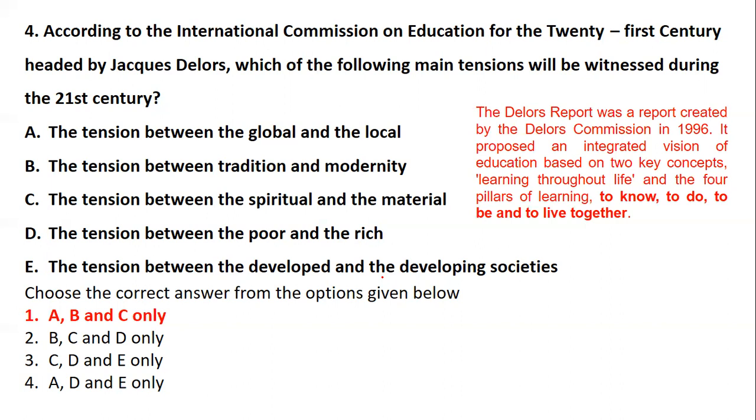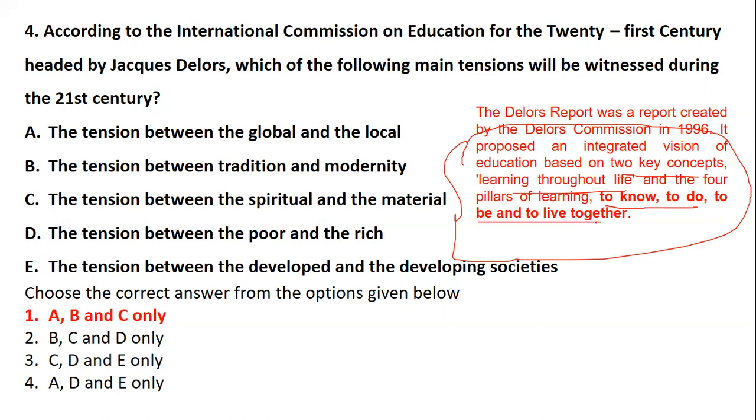The Delors report was basically created by the Delors Commission, in 1996. Now, this is very, very important, this statement you have to keep in mind very well. It was proposed as an integrated vision of education based on two key concepts: learning throughout life, and the four pillars of learning, that is to know, to do, to be and to live together.